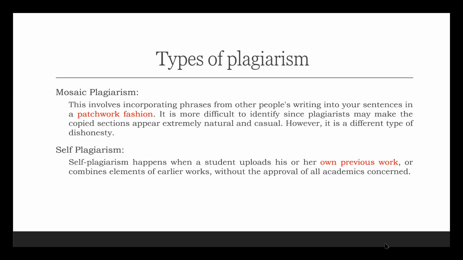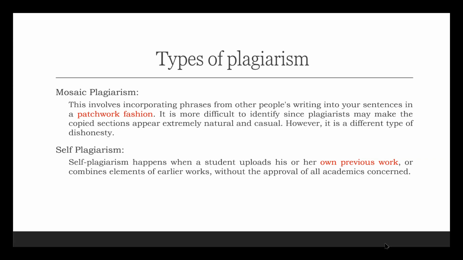It is more difficult to identify since the plagiarist may make the copied sections appear extremely natural and casual. However, it is a different type of dishonesty. That means you're changing everything you copied, and just doing some patchwork so that it looks like your own content, but it is mosaic plagiarism.